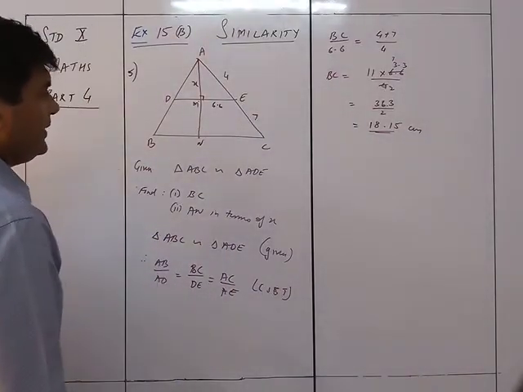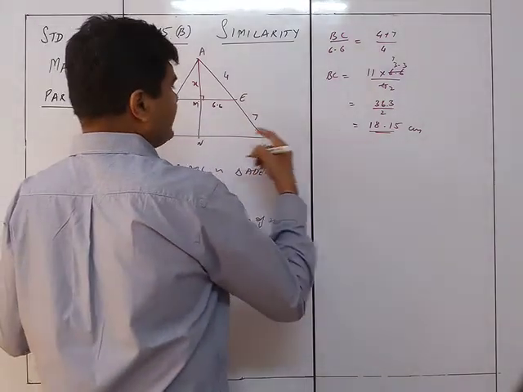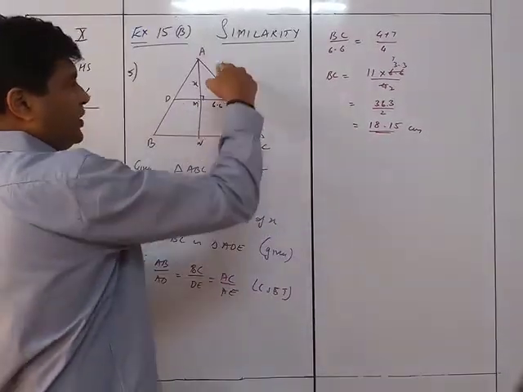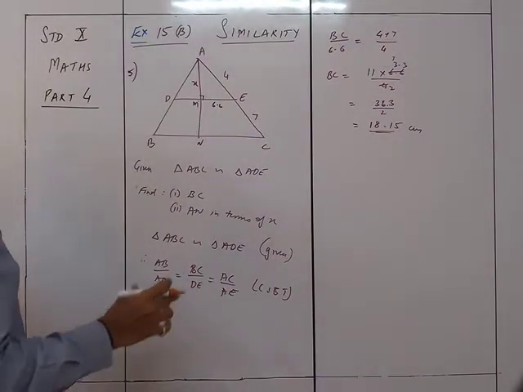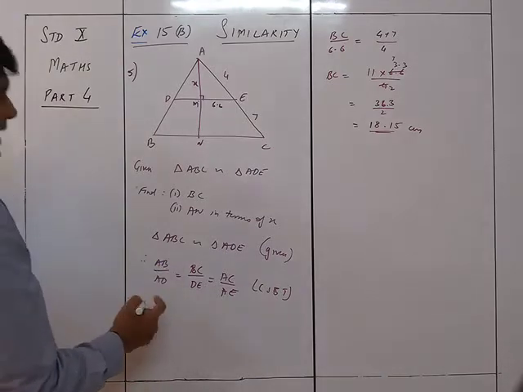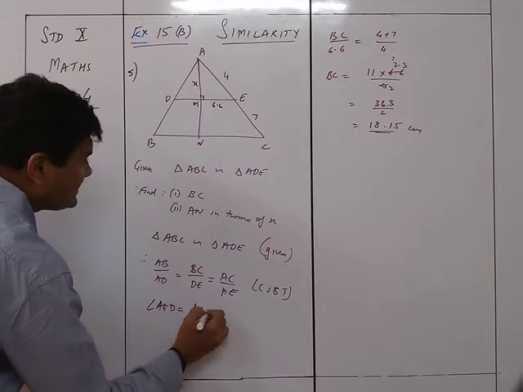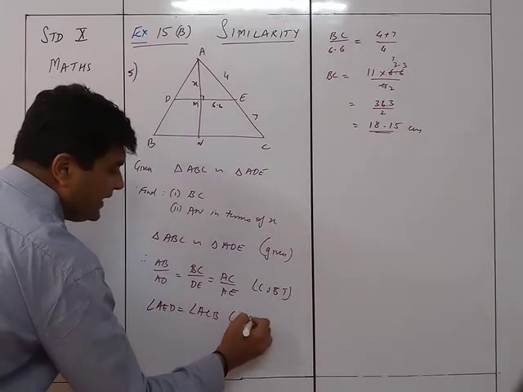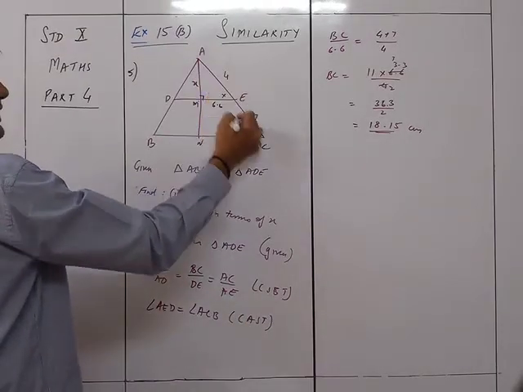Now we need to find out this one. This also tells us that angle AED is equal to angle ACB by CASТ, because the triangles are given similar, so automatically these two angles are equal.